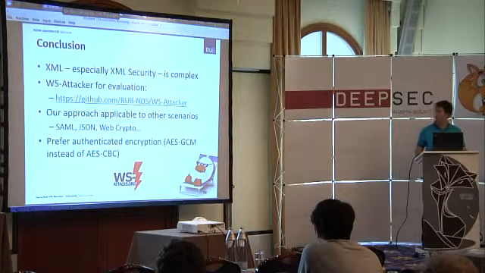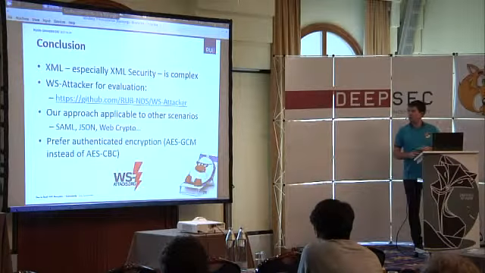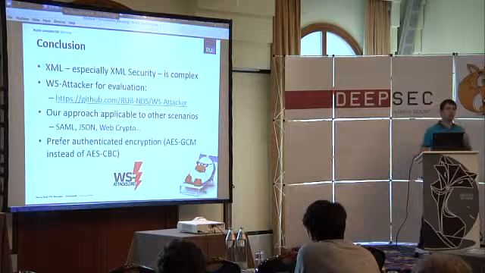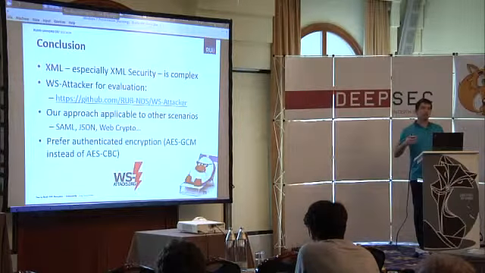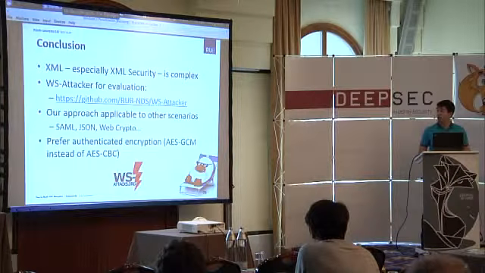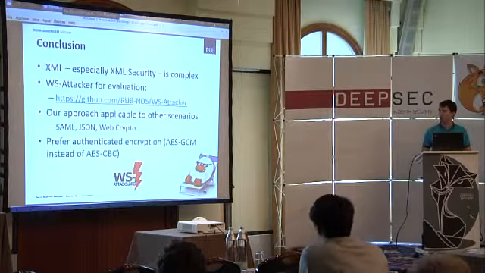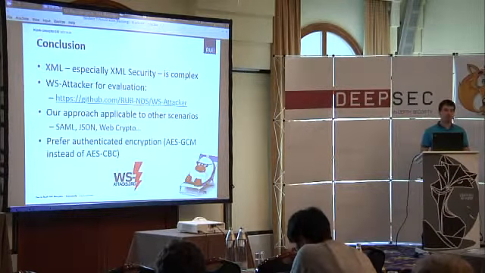Okay, to conclude, XML is very complex, especially XML security, because it combines some XML standards, XML security standards, cryptographic mechanisms, and so on. So if you want to apply XML Encryption or XML Signature, then please use WS-Attacker for evaluation purposes.